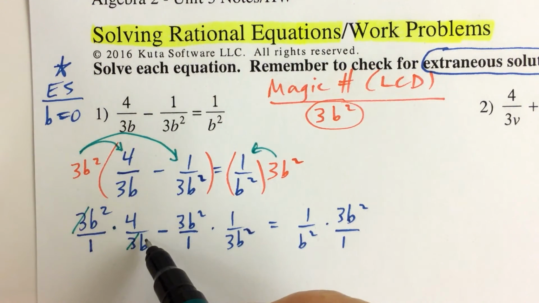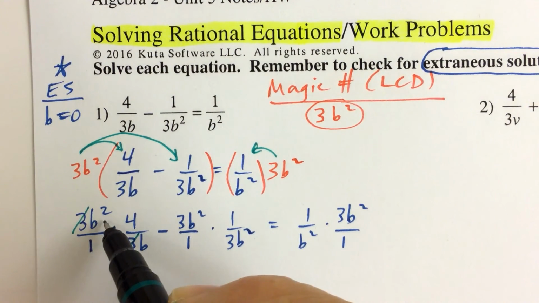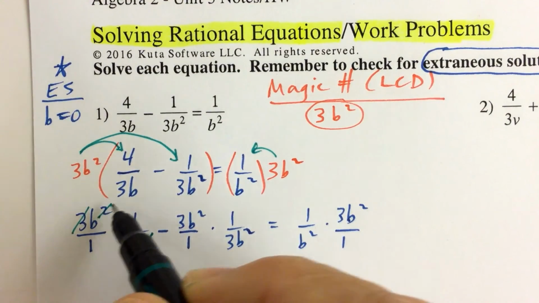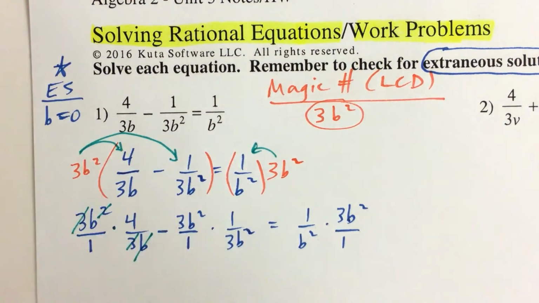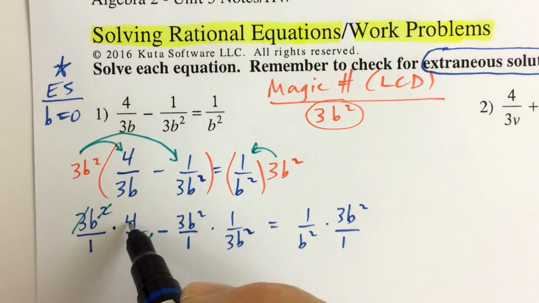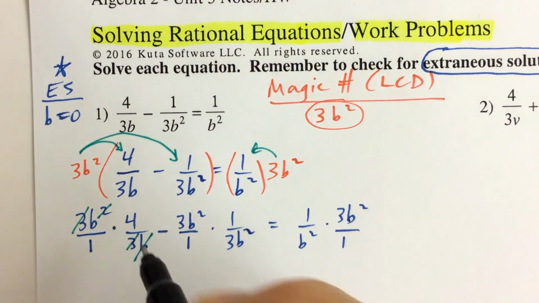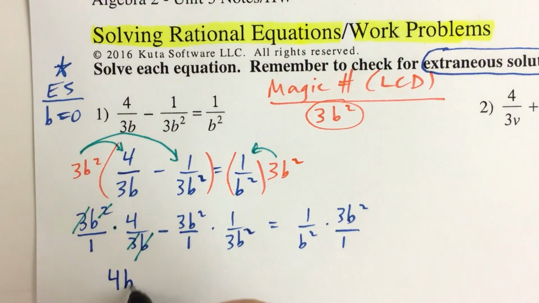And we have b squared over b. If you remember, that's b times b over b. Well, we can cancel one of those b's, and when we multiply these first two fractions together, we get a b and a 4 up top, and a 1 times a 1 on the bottom, so that's 4b.